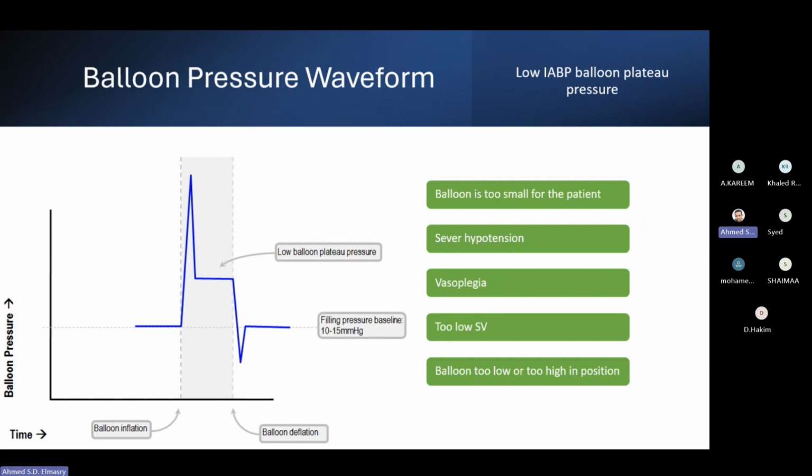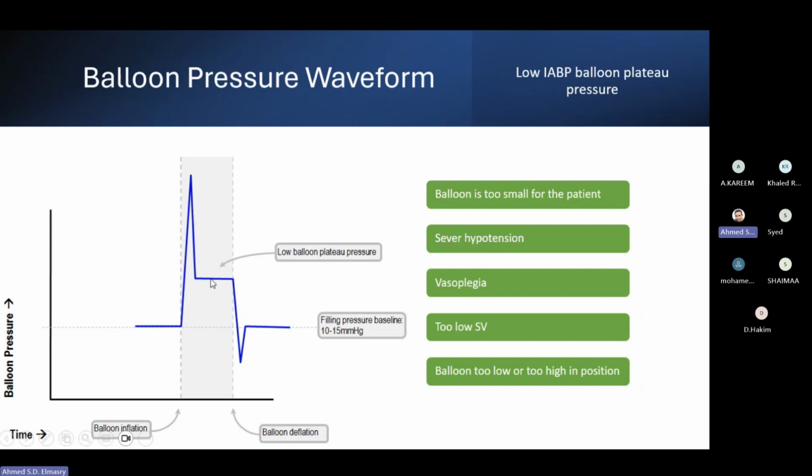And you will have two abnormalities regarding the plateau. The first abnormality is that you have low plateau pressure. So this is the inflation limb. Then you will get the inflation overshooting. Then shortly after that, you will get the plateau, supposed to be at this level.